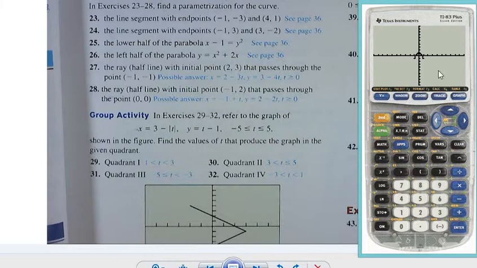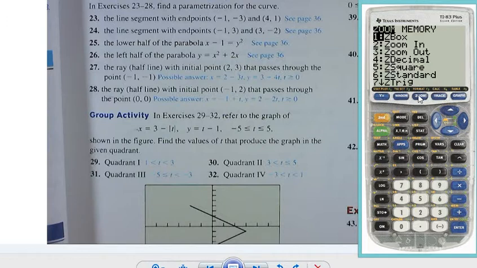I need to convert that somehow to some sort of equation. It kind of looks like a parabola upside down, right? So let's zoom in and see what it looks like.